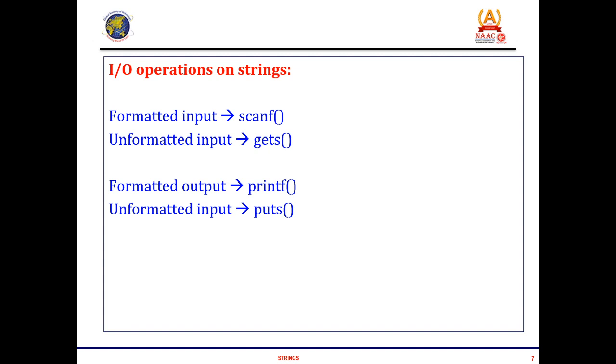The input functions are scanf, which is formatted input, and gets, which is unformatted input. And the two output functions: one is printf, which is formatted output, and the other is puts, which is unformatted output. Sorry for that word. It is called unformatted output. It is not unformatted input.